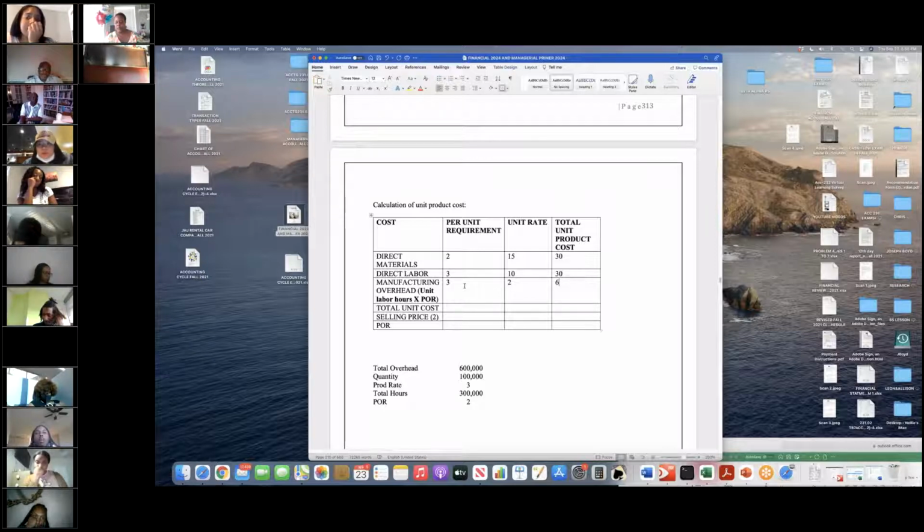And so what we do is we bring down the hours that are being worked, here, 3 hours. We get the total overhead, get the quantity 100,000, multiply it by the 3 hours. We're going to have to work 300,000 hours. So 300,000 and the 600,000 give us 2. Then 2 times 3 gives us 6.